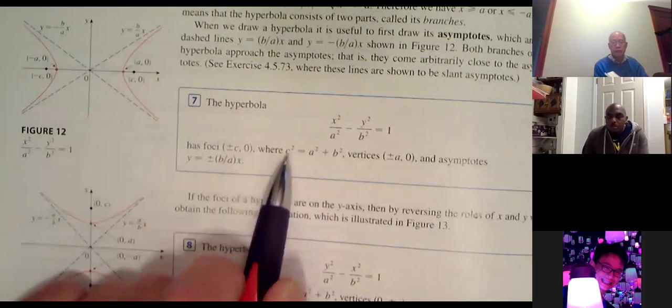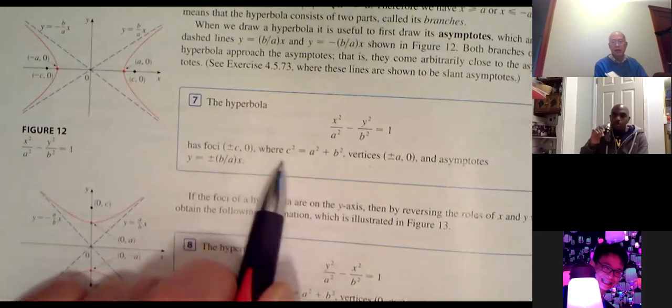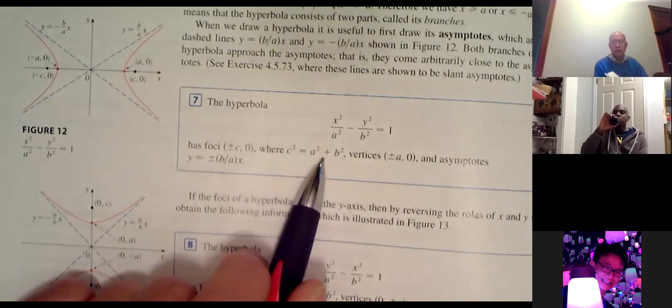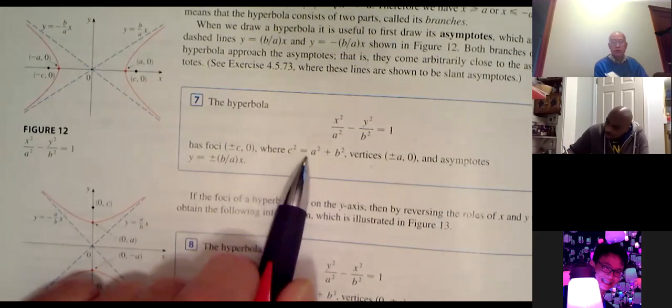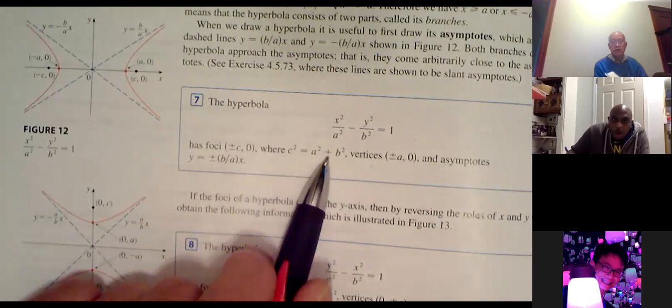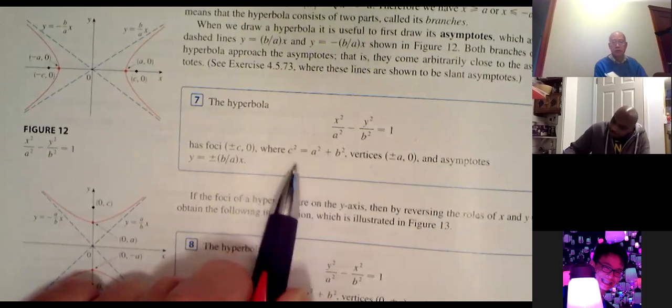It was A squared equals B squared plus C squared. And then you have to rememorize it back again for the hyperbola. So for the hyperbola, C squared equals A squared plus B squared. So watch out for that. You can put it on your cheat sheet. For the ellipse, A squared is by itself. The way I remember is A is the largest number for the ellipse. So A squared equals B squared plus C squared.